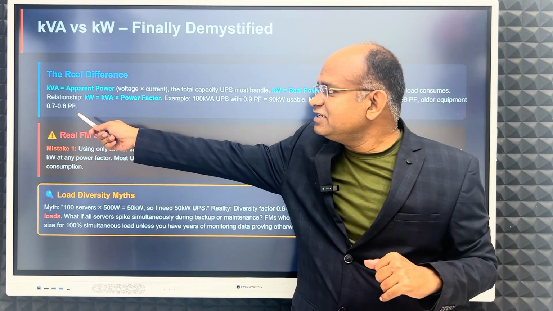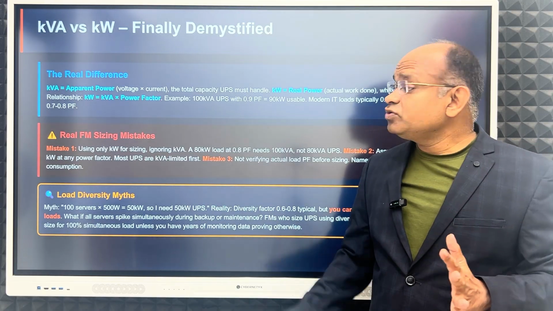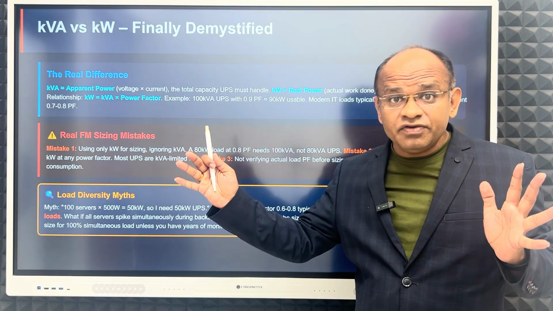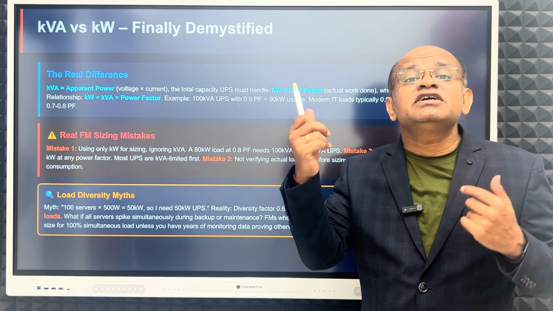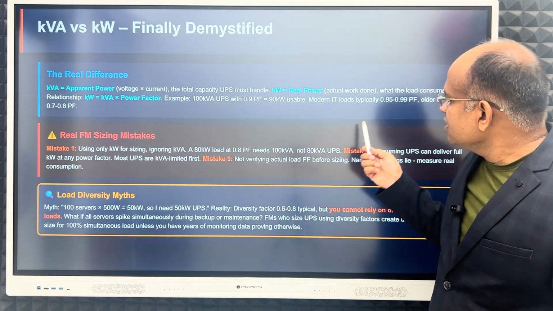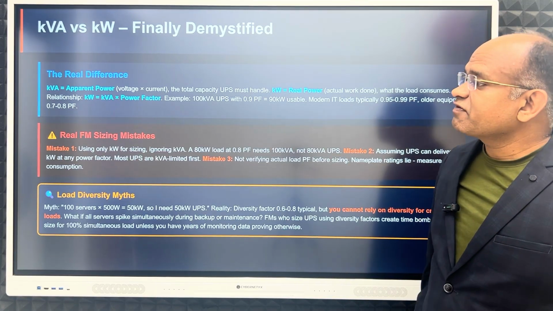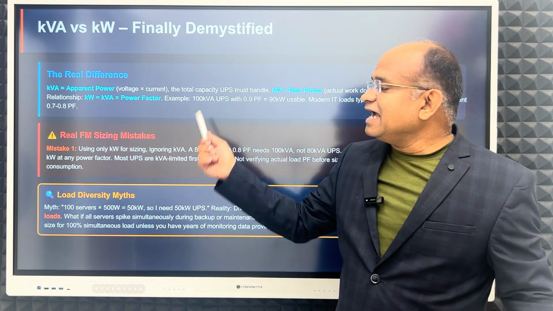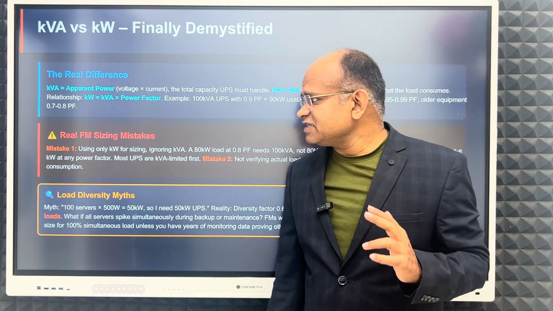Otherwise, if it is 0.7, then it will become only 70 kilowatt. Then we need to install a 100 kVA UPS for a 70 kilowatt load. 30% will be wastage. But as IT equipment is coming with very good power factors, our sizing will not become huge. So that is the difference.